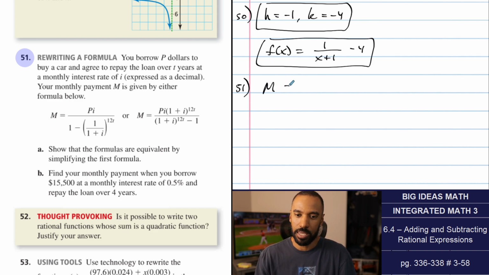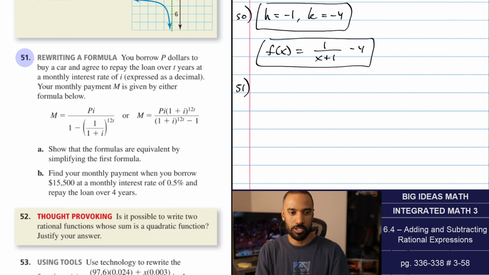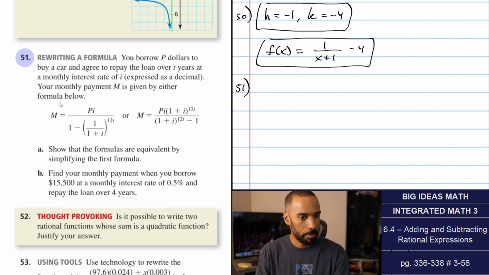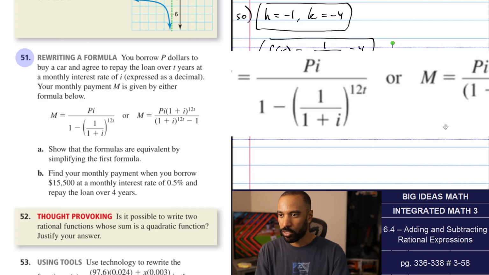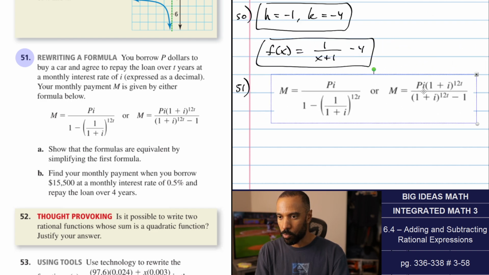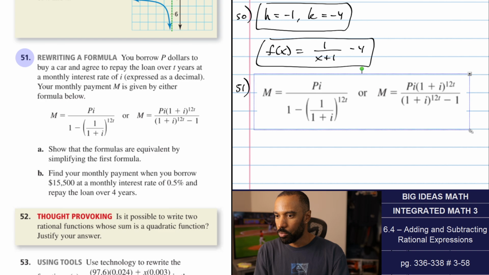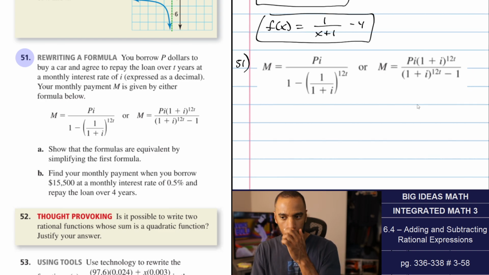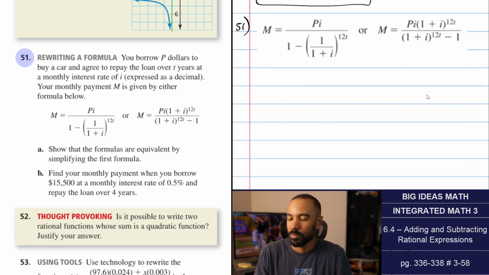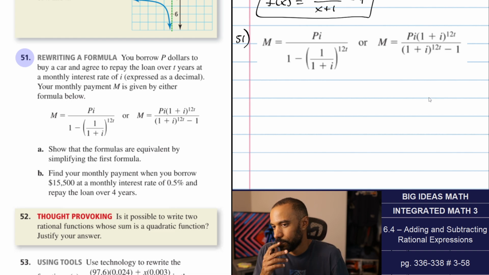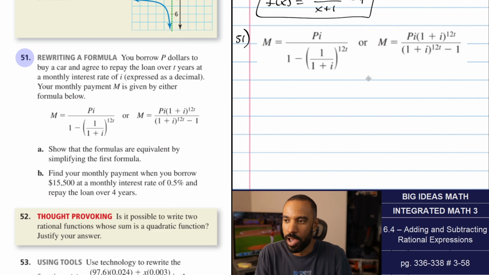So I got M equals, you know what? For the sake of this, because both of them are written, let's copy and paste this one. And then I'm going to start working out the left one and show that it matches the right one after. So we begin with this guy here. Now the tricky part about this one is this is raised to the 12t power here.